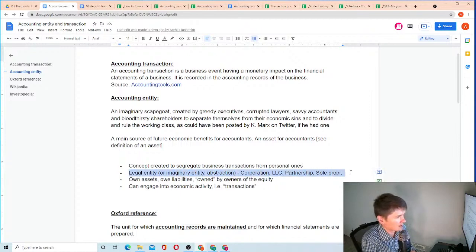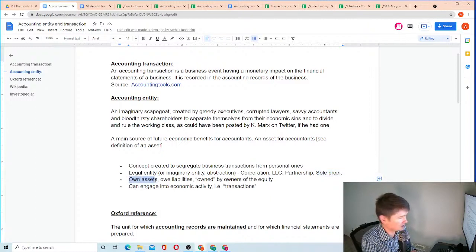Second, most of the time accounting entities are also established as legal entities, like a corporation, LLC, or sole proprietorship. Even a sole proprietorship sometimes requires some registration with the state, so we can say that it also has some legal status.